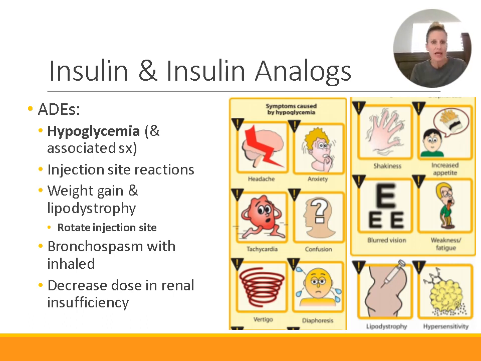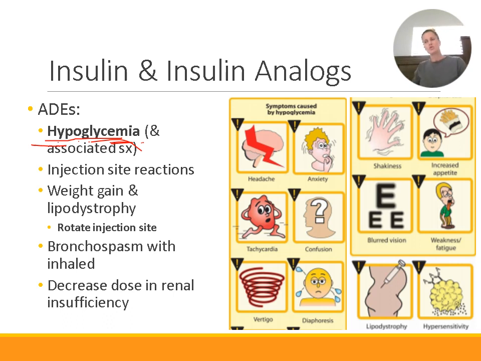Adverse drug effects of insulin. The most obvious and common adverse drug effect of insulin is just if the person has too much insulin. They can experience hypoglycemia, and then all of the signs and symptoms that are associated with hypoglycemia. Insulin lowers blood glucose, that's what it does.